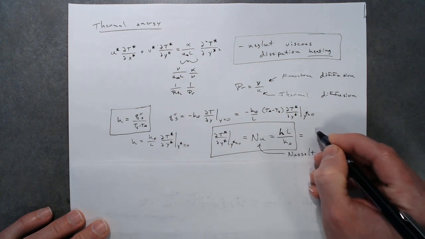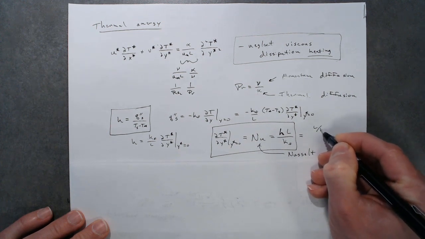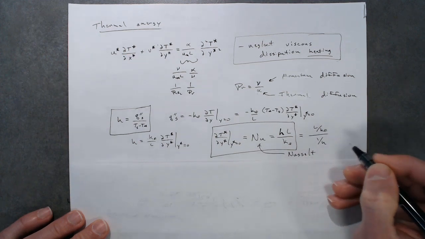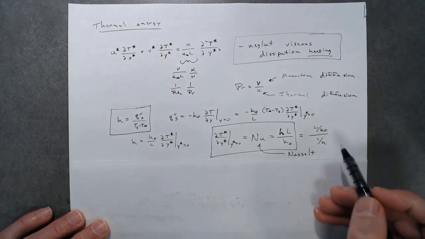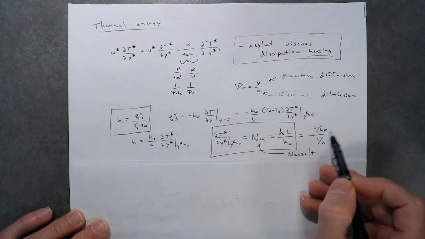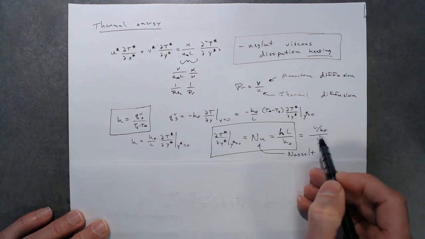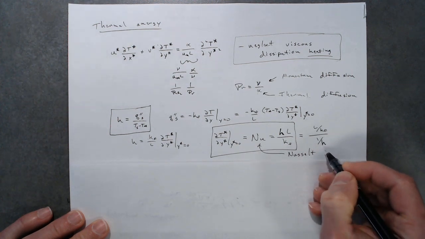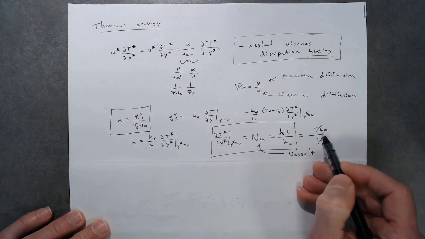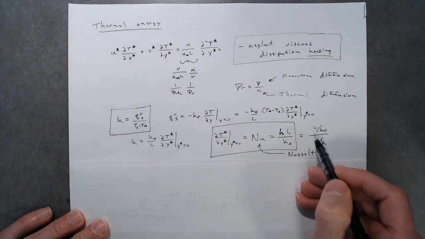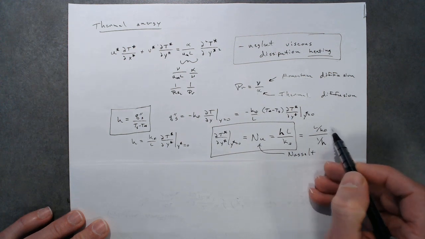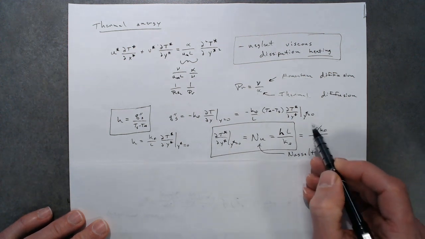I could say this is L over k_f divided by 1 over h. And this really is two thermal resistances, right? This is the thermal resistance that I'm actually getting via convection. And this is a thermal resistance that I would get if I were just conducting through the fluid for a specific geometry.